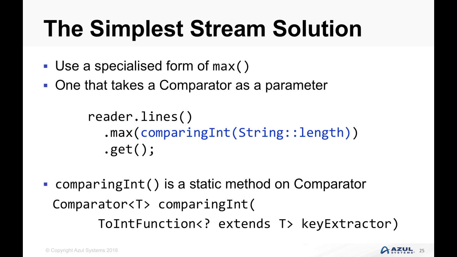Comparing int is available as a static method on Comparator, so you can use that. That will compare the strings by length, but return the string itself. So you're doing the comparison based on length, but still returning a string as a value in an optional, which you can then get out.